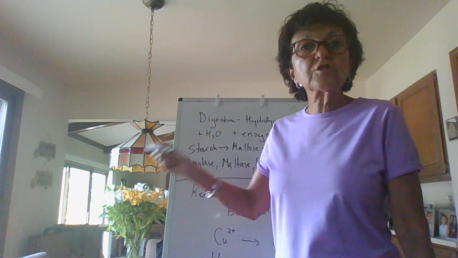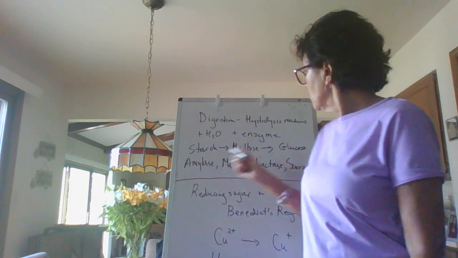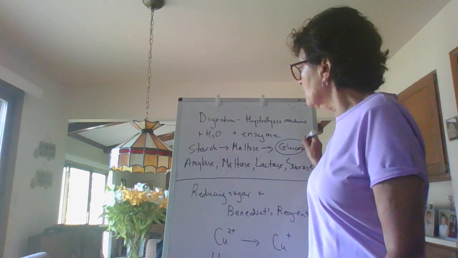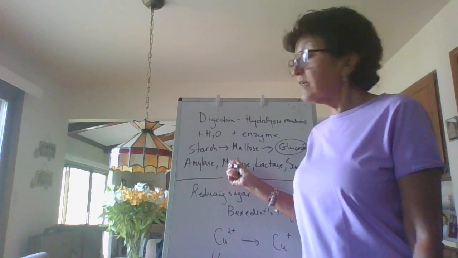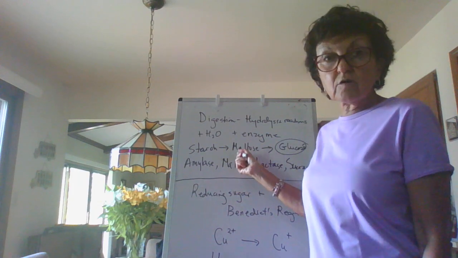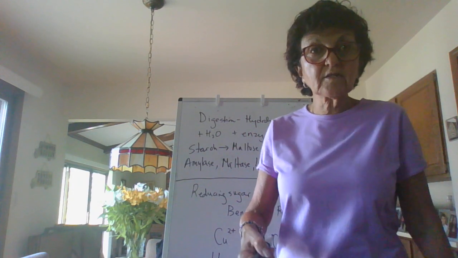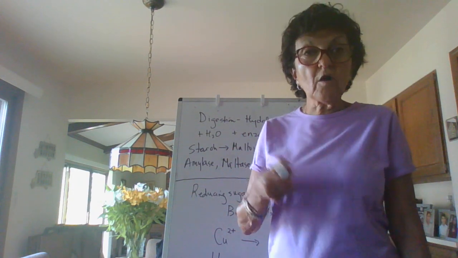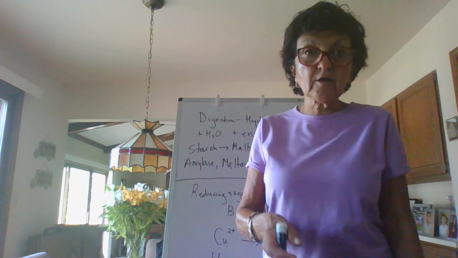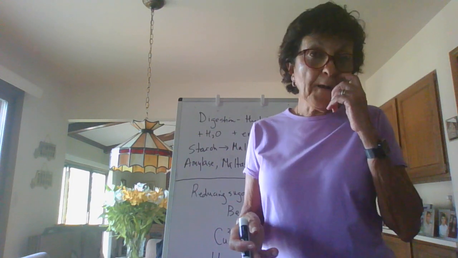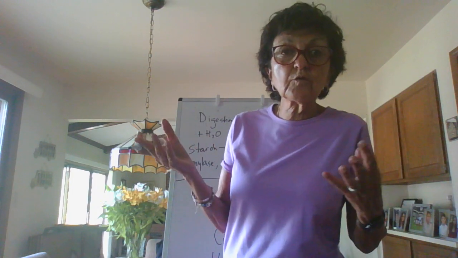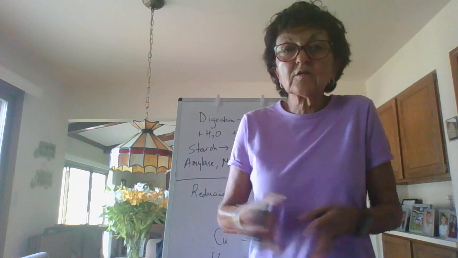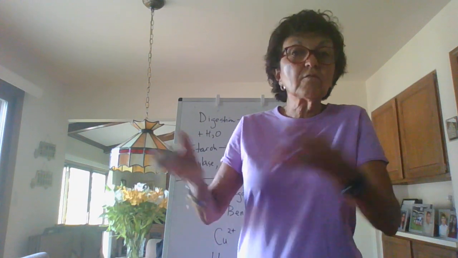What will it eventually turn starch into? Just pure glucose. Maltase works on maltose. That's in the small intestine. What will it turn maltose into? If you break the glycosidic bond of maltose, remember, maltose is just made up of two glucoses. So you break that glycosidic bond, you end up with glucose.